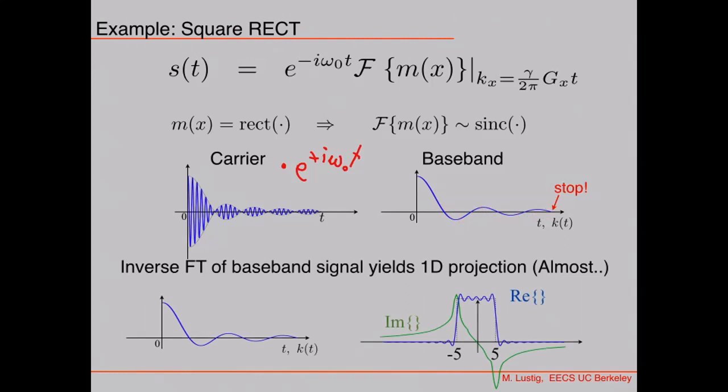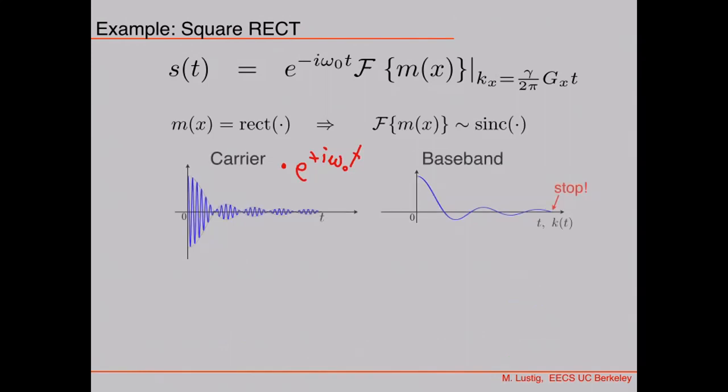How did I get half a sinc? My object was a rect. The Fourier transform of it is a full sinc.